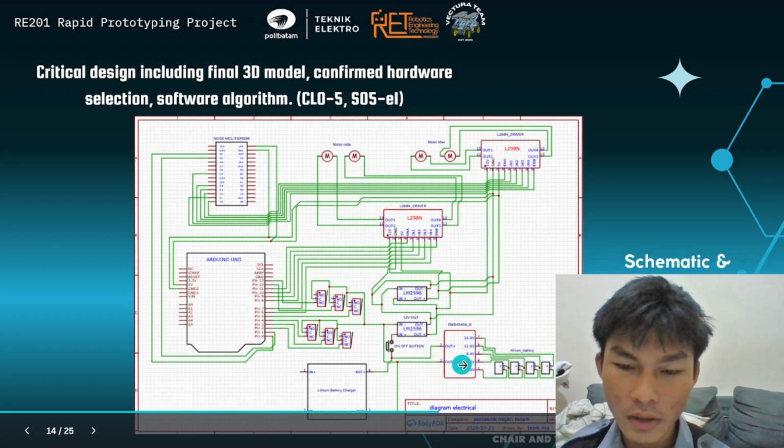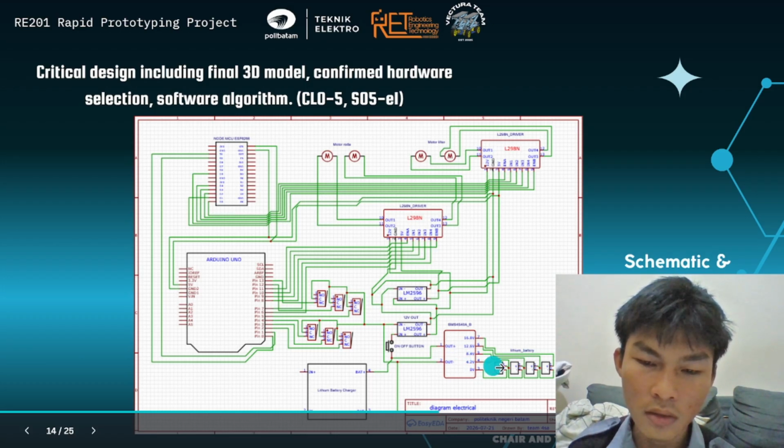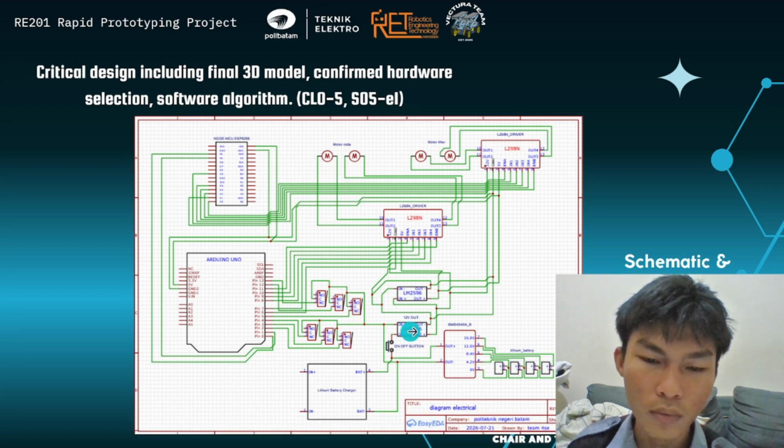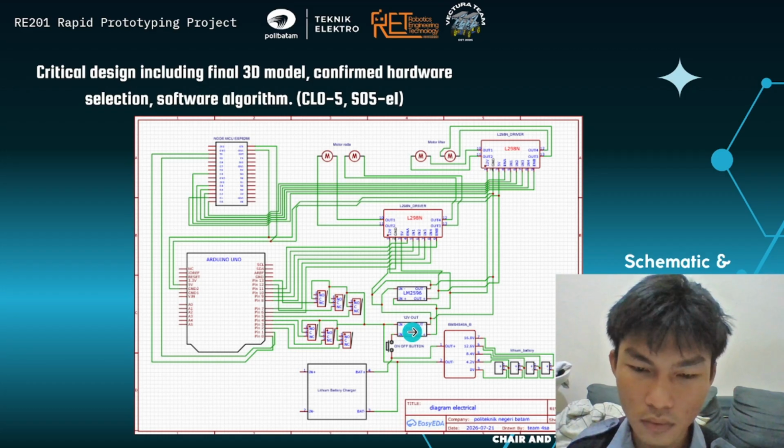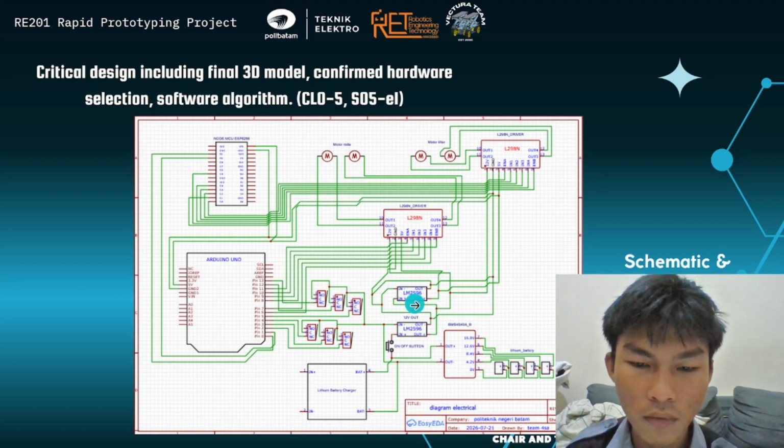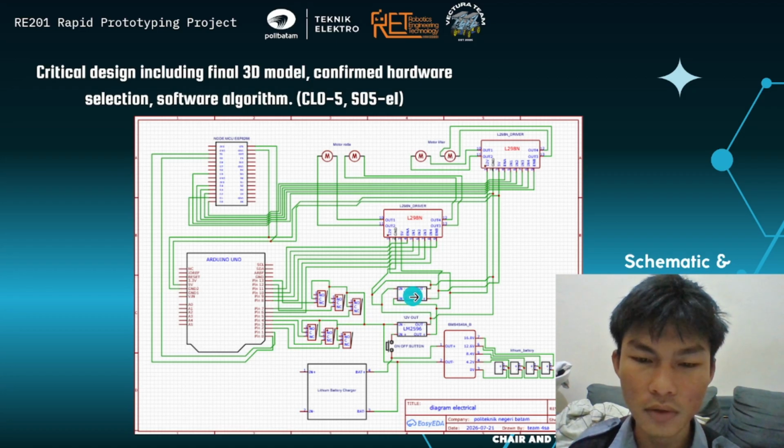This is the battery management system for battery safety, and this is the push button to turn the robot on and off. This is a step-down converter with 12 V output, and this second step-down converter steps from 12 V to 5 V output. These are two motor drivers to control the lifter motor and the robot movement motor.